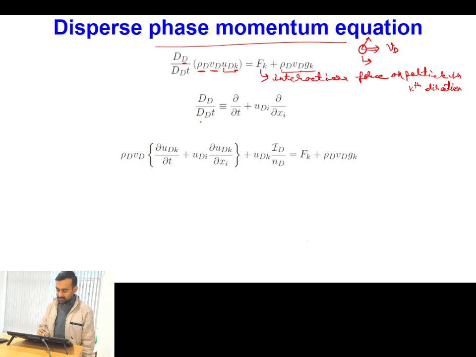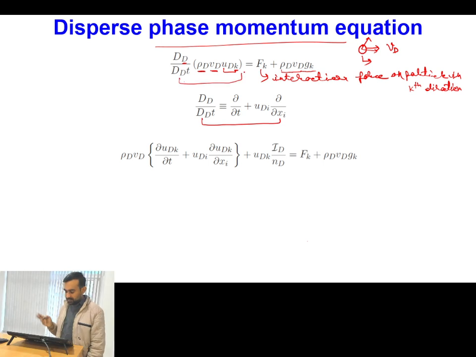And of course, the definition of the total derivative is given here, and we already know this definition. Now, using this definition, splitting has been done on the left hand side. Okay.